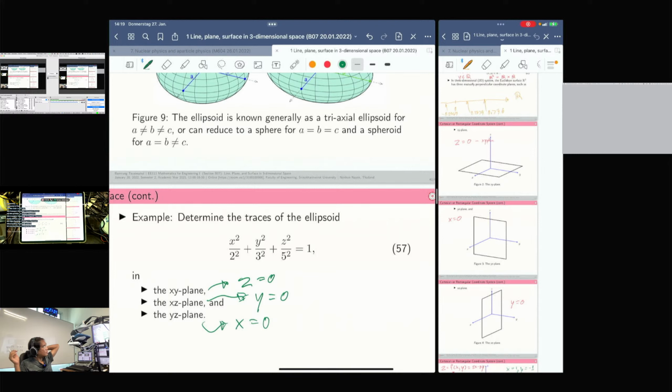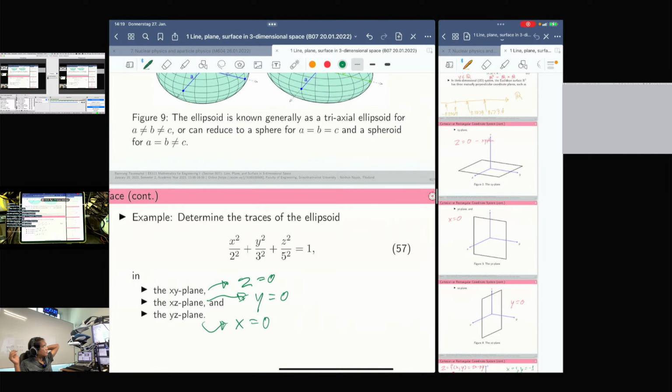Now it's time to compute the intersection of this ellipsoid. You can see that in this expression a is the distance along the x-axis, this is the x-axis, y-axis, and here is the z-axis. A describes the ellipsoid along the x-axis.